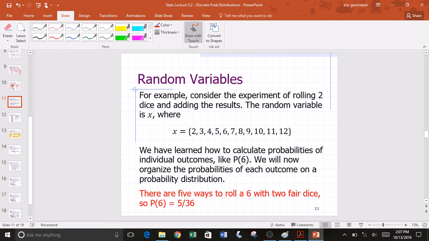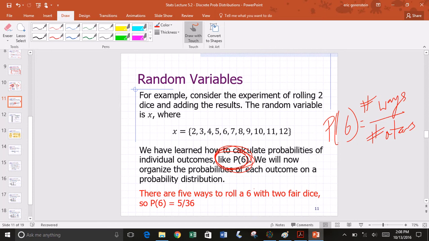Well, the definition of probability: the probability of rolling a 6 is the number of simple ways you could roll a 6 divided by the total number of possible outcomes of the experiment.